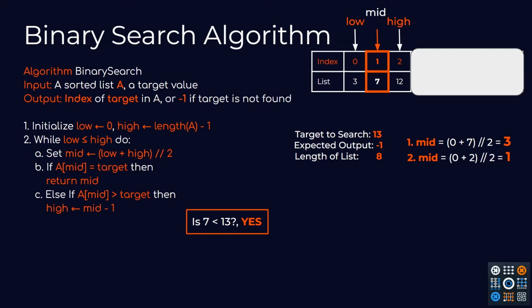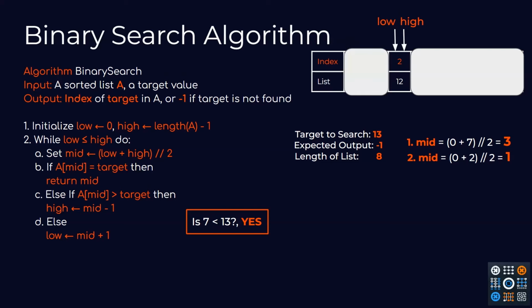Therefore, we must handle the third case where the element at the current middle index is less than the target. This simple else condition handles that case, and we simply update low to mid plus 1, which is 2. This eliminates the left part of the list. Now our search range is narrowed to a single index, 2.